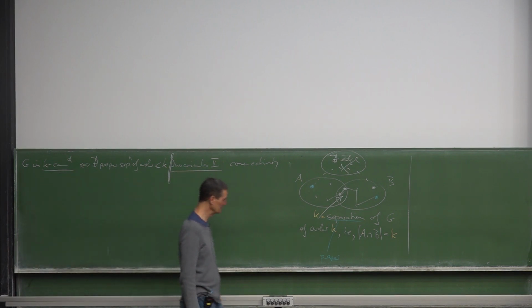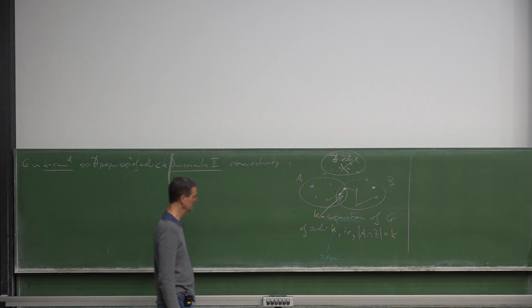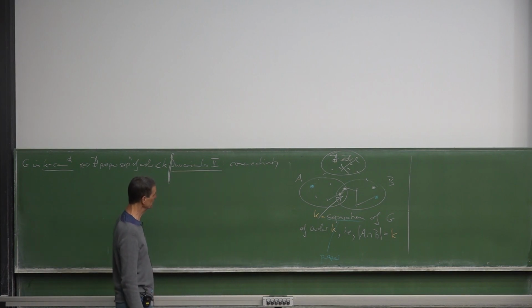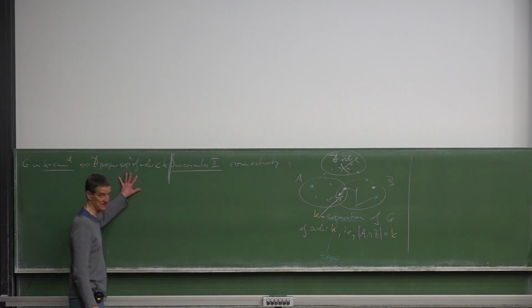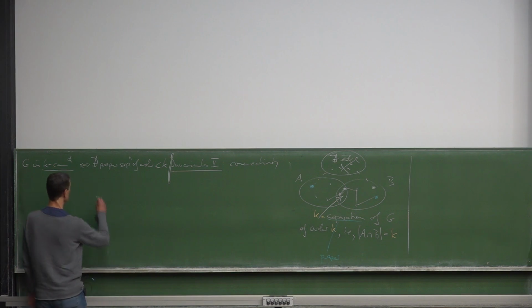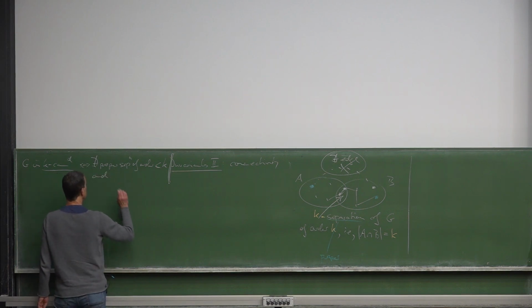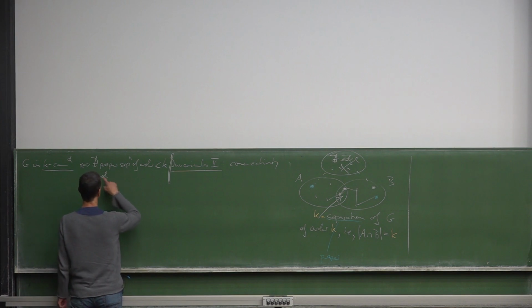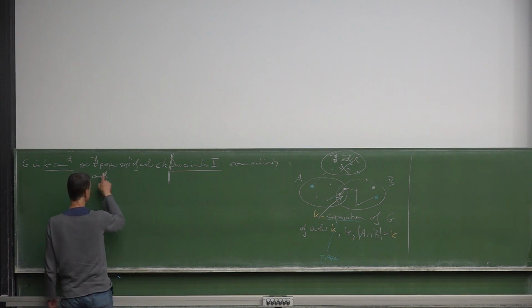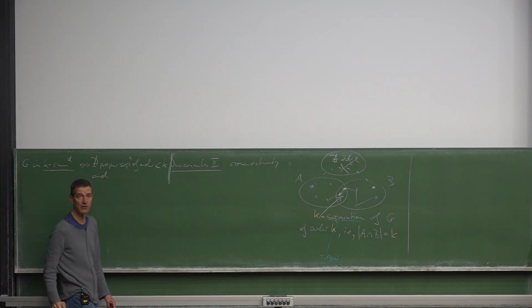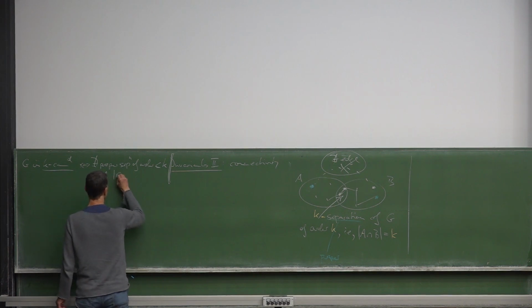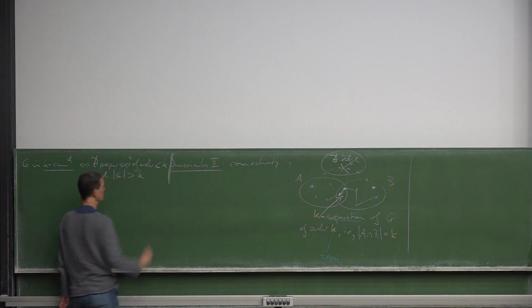There are also more fundamental reasons than being odd for us not wanting this to stand. So we add something: G is K connected if there's no separation of lower order, and G has more than K vertices.